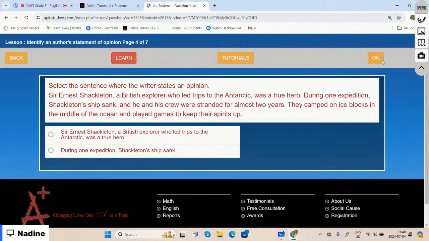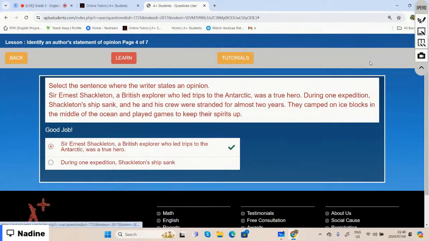If we were to choose the opinion of the writer, it is that Sir Ernest Shackleton was a true hero.